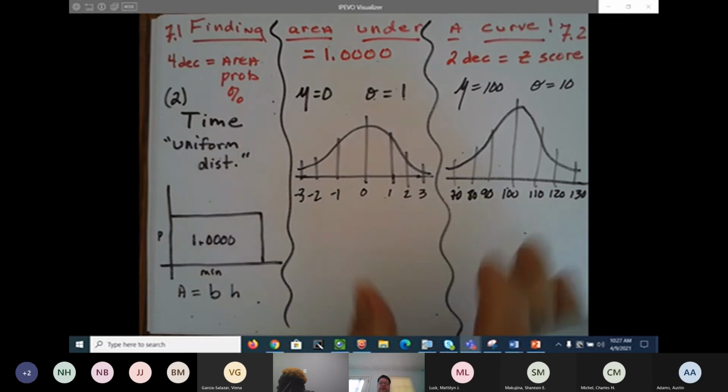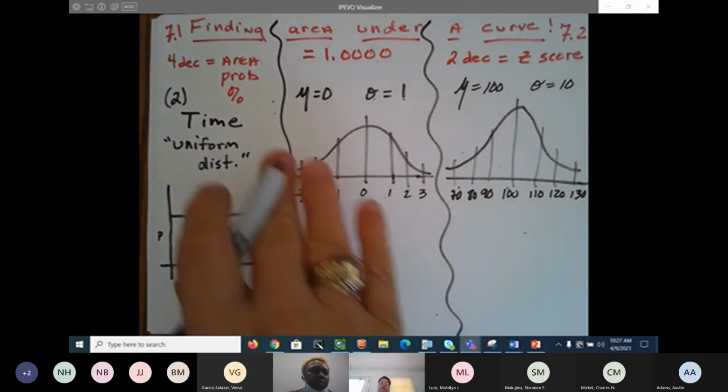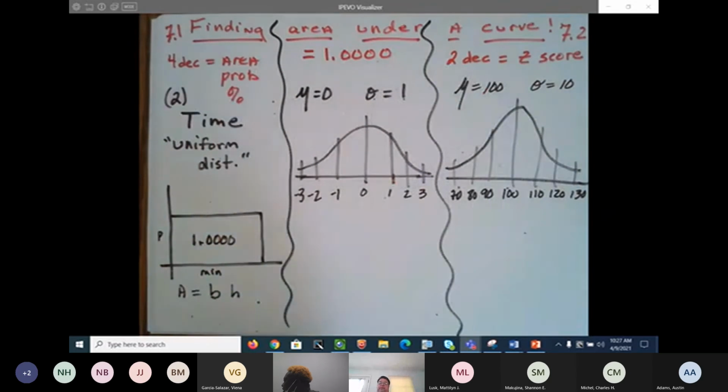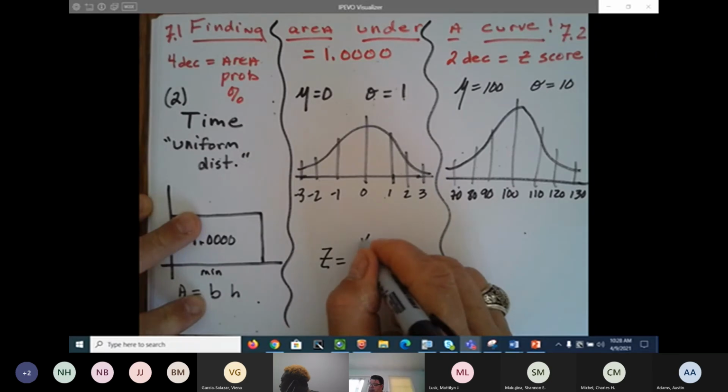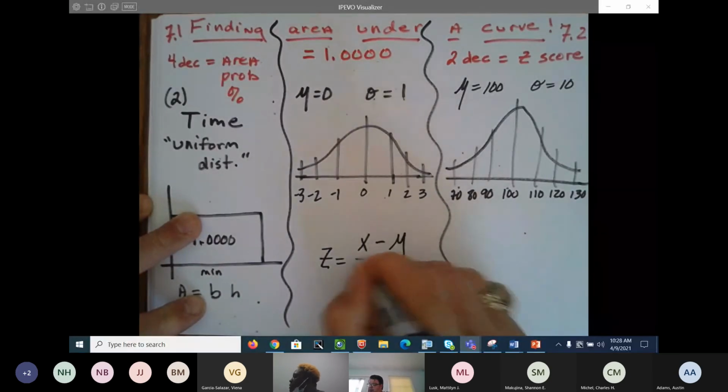Okay, now the main reason for this page right here is I want you to see that there's 3 different type problems. Does everybody see that? Hopefully you do. Now, the only other thing I want to tell you about is the z-score formula, which is equal to x minus mu over standard deviation.